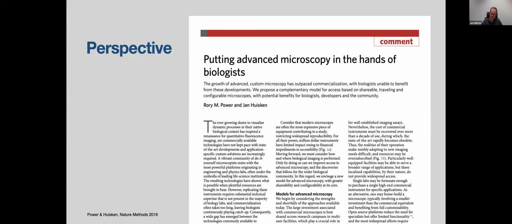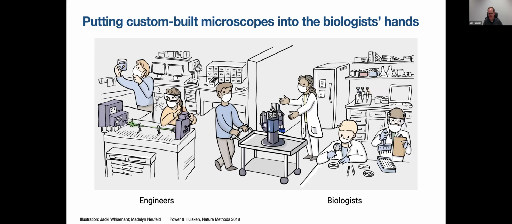This also is very much in line with a perspective that we published a few years ago, which is talking about this challenge of putting advanced microscopy in the hands of biologists. And the summary of this article is basically depicted here, which is this idea that the engineers on one side build a cool microscope that they can then share with the biologists and iteratively move it back and forth to optimize the instrument.